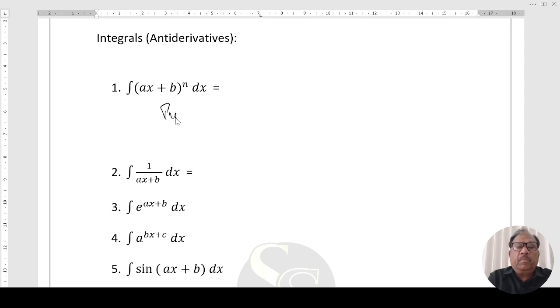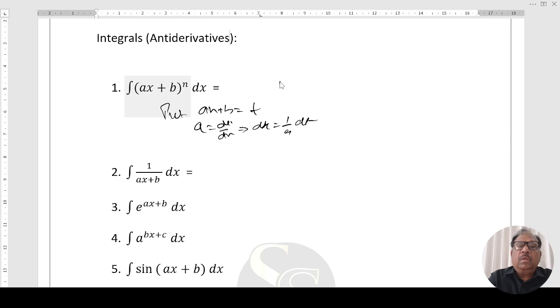Put ax plus b equal to t. Differentiating both sides, a equal to dt by dx. dx comes out to 1 by a dt.